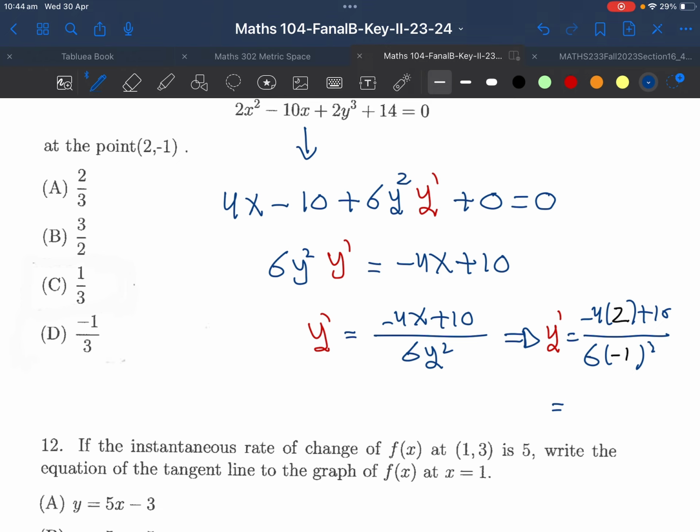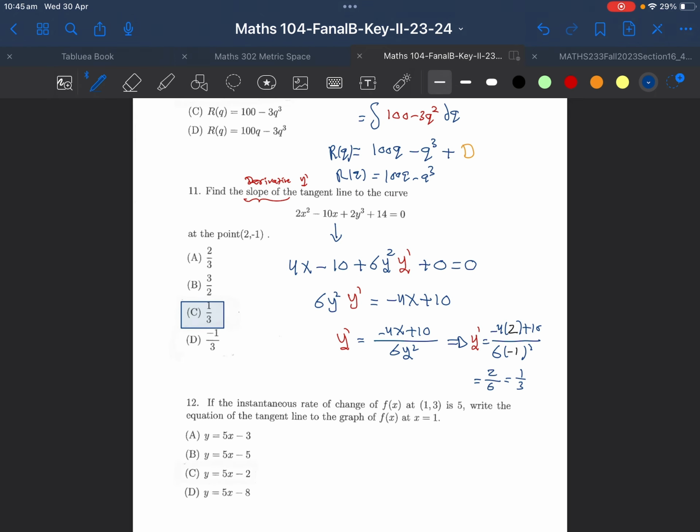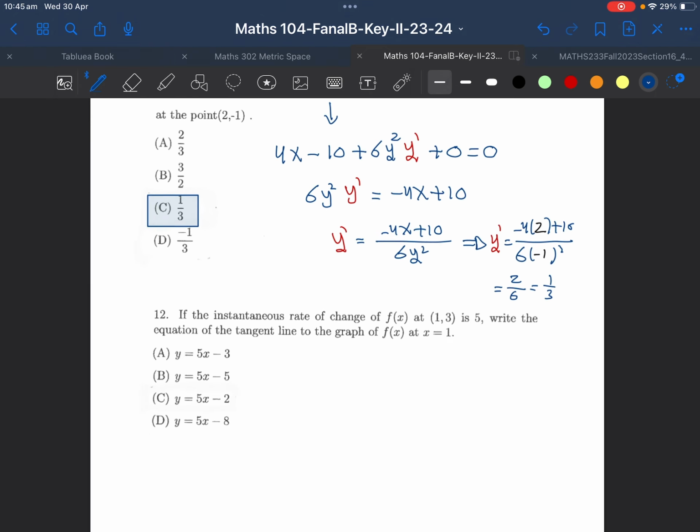Now, with your calculator, just find this answer, which will be 2 over 6, which is 1 over 3. And the answer is C. So sometimes you need to do implicit differentiation and you need to substitute the numbers.